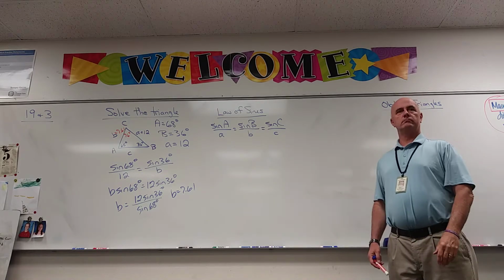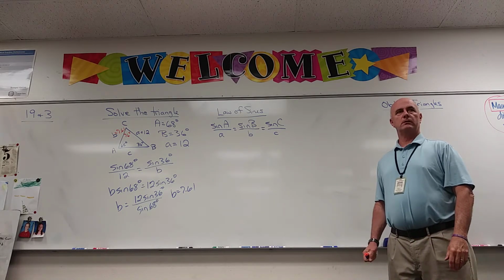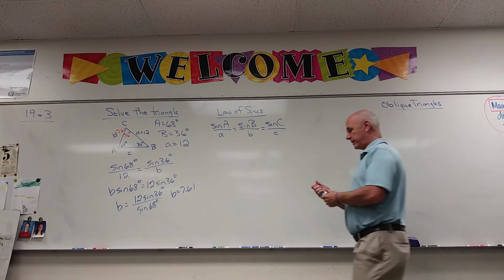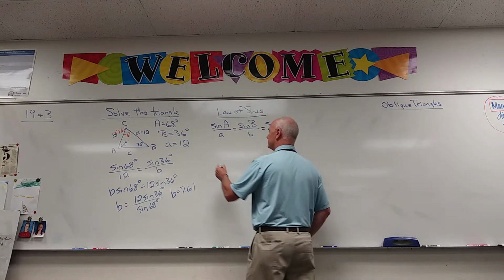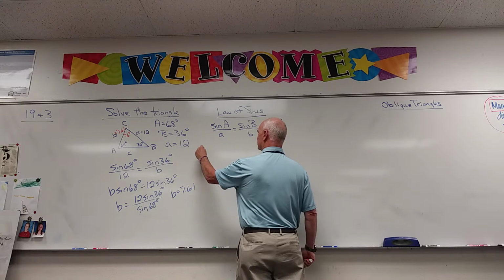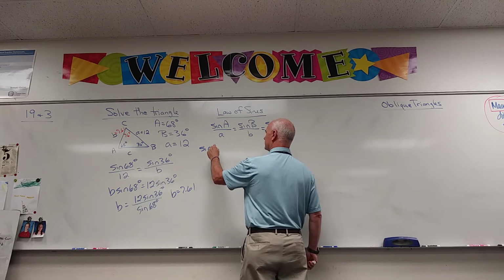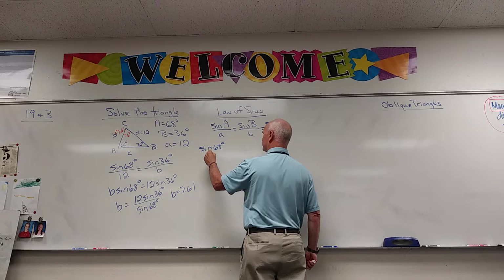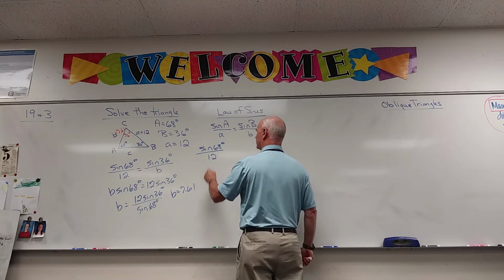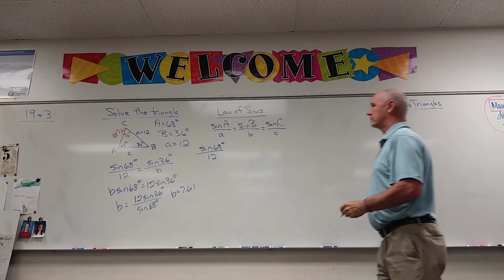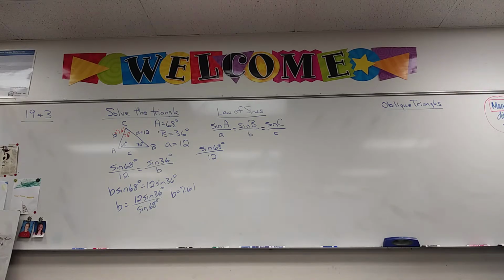Are we done? Why not? Side C. So talk to me about side C. Sine of 68 degrees over 12. Now, you used A again. Why did you use A? Why not use B?